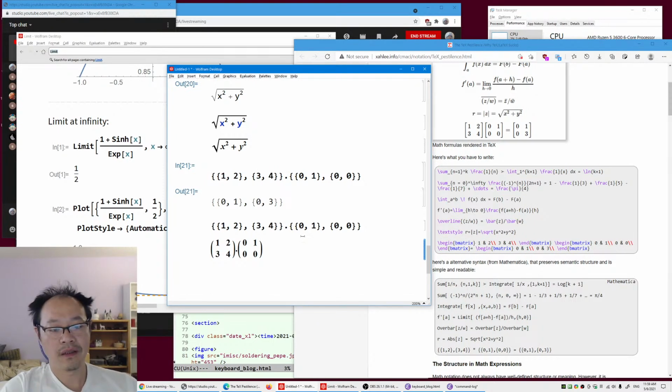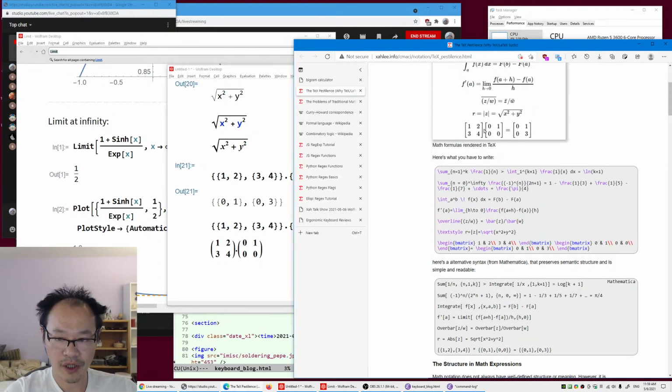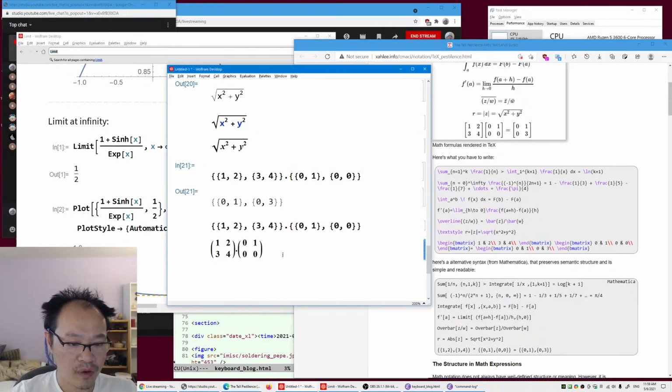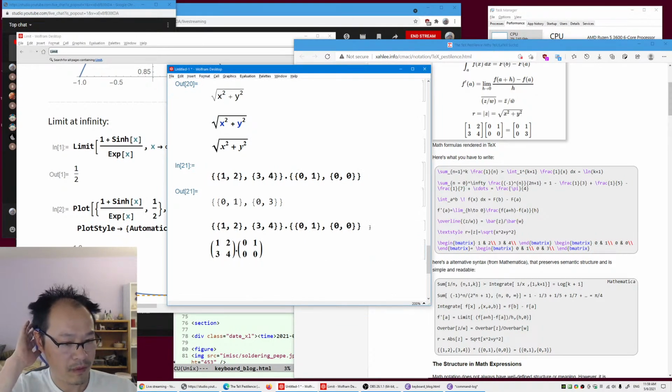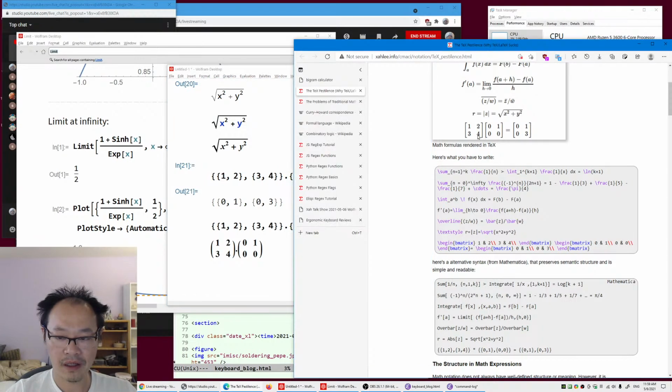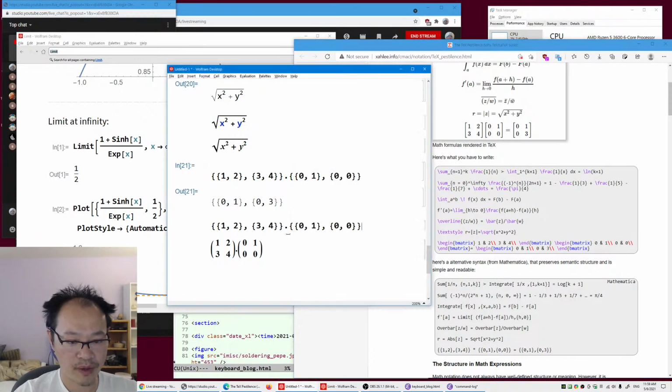Yeah, in traditional form, the matrix is typically represented by square brackets, but sometimes it's also represented by parentheses. Now, I don't know why Mathematica uses parentheses as default, because I think the most common way to represent a matrix is with square brackets. So anyway, we have matrix.